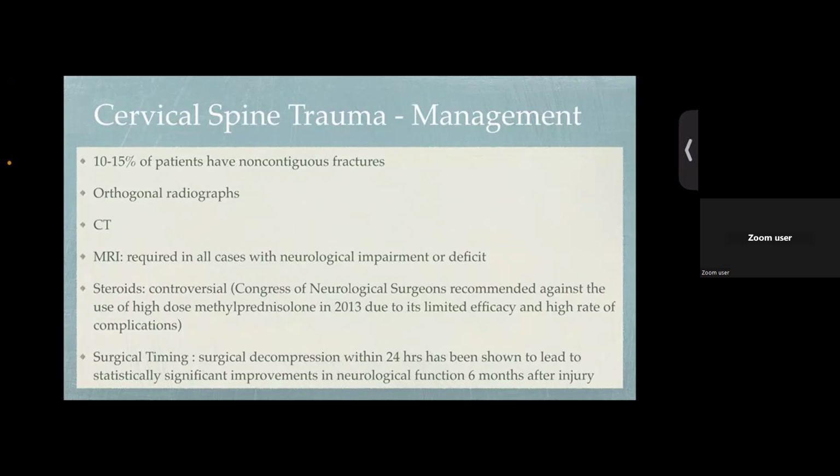MRI is usually required in all cases with neurological impairment or deficits. Now, the use of steroids is controversial. It has limited efficacy and a high rate of complications. And usually, once surgery is decided, the surgical timing is surgical decompression within 24 hours. And this has been shown to lead to statistically significant improvements in neurological function 6 months after the injury.